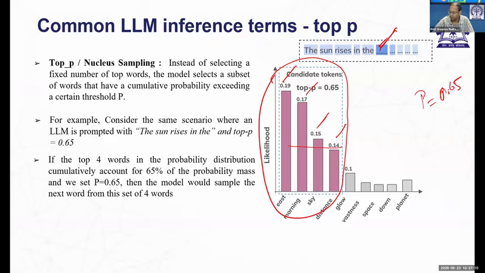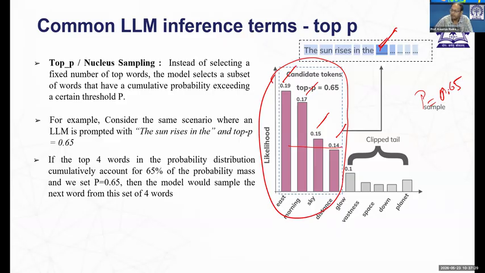So in top k, I have to specify a number, 5, 7, 3, whatever. In top p, I am specifying a probability mass, not any number. So if you say p is equal to 0.65, this is your 0.65, and the model will choose one of them. The rest is basically your clipped tail, and you are doing the sampling out of the candidates.